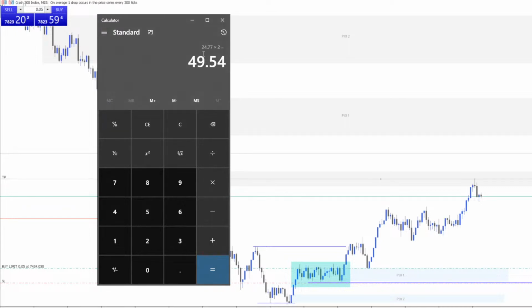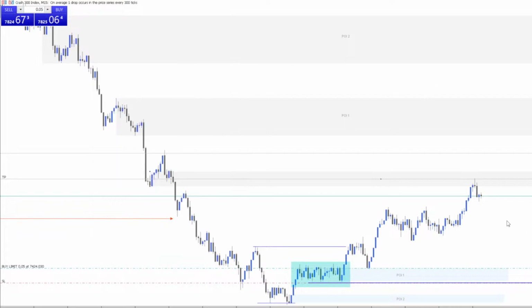If you had used 0.2 lot, you would have made times 2 of 24.77, right? So times 2 of this is 99, about $100. With this 50 pips move, you would have made that money clean, easy peasy.